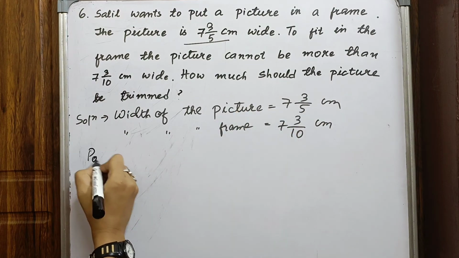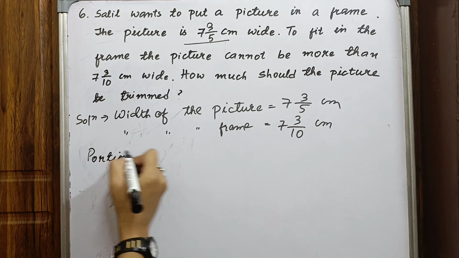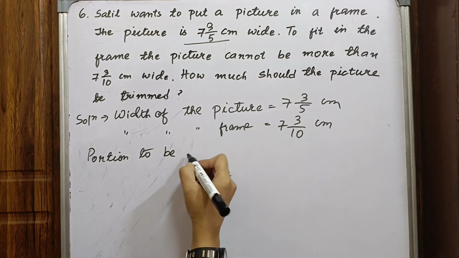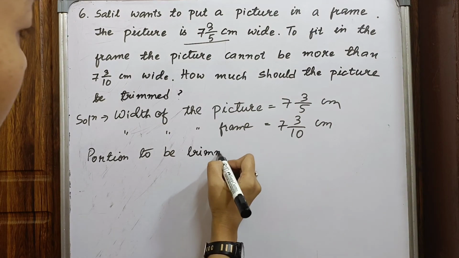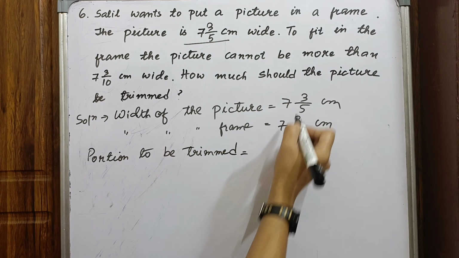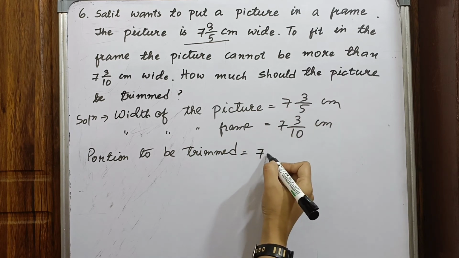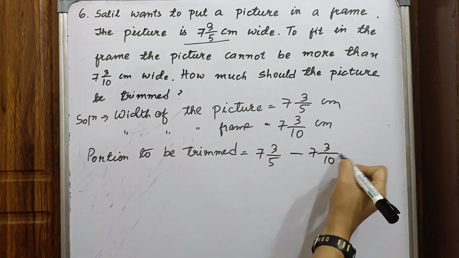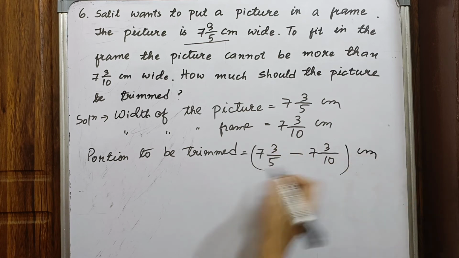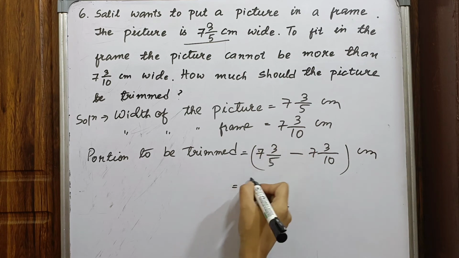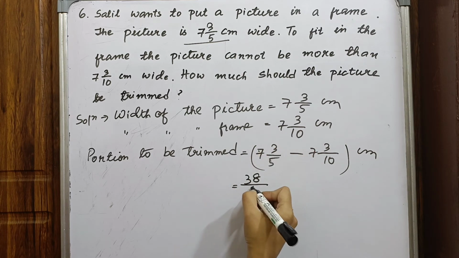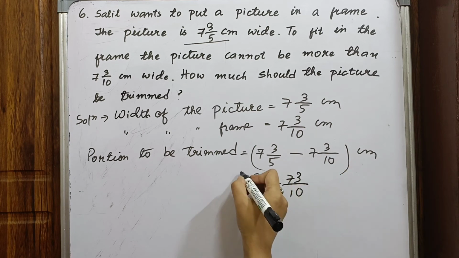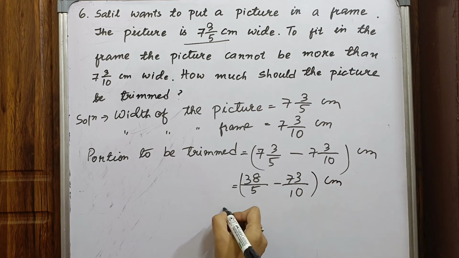So the portion to be trimmed equals, we'll subtract this from this, 7 by 5 minus 7 by 10 centimeter. 5 7s are 35, 38 by 5 minus 10 7s are 70, 73 by 10 centimeter.